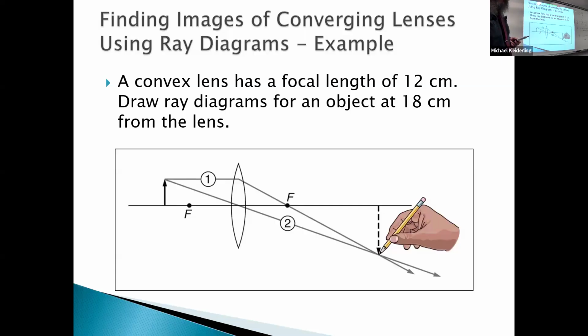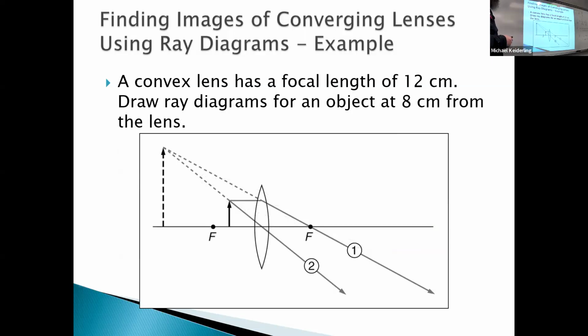And it is at 36 centimeters from the lens. Because it's within twice the focal length from the lens, so it gets bigger and further away.